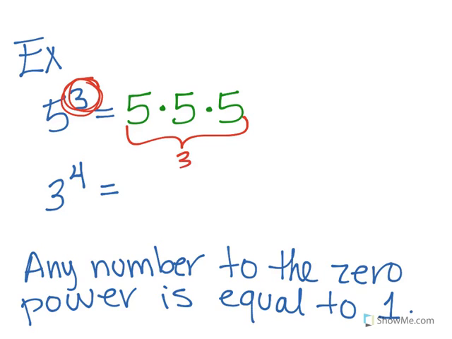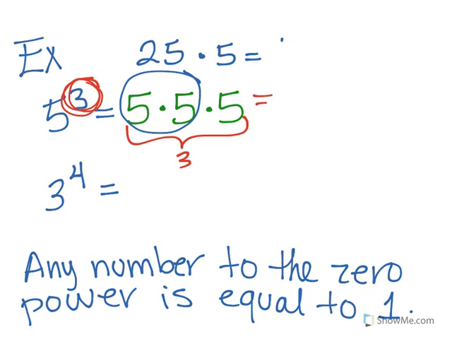So it must be equal to 3, which is the case in this problem. And so now we must evaluate this just by multiplying. So 5 times 5 equals 25, times 5 equals 125.